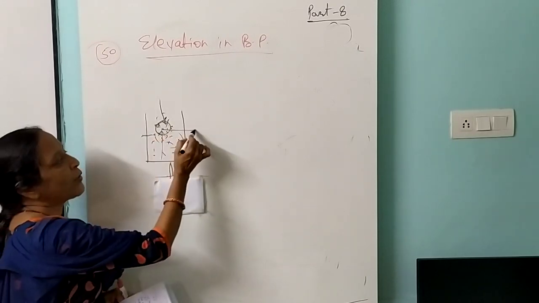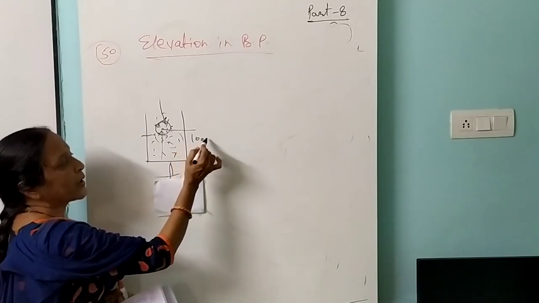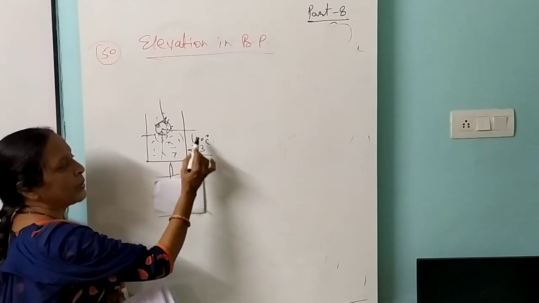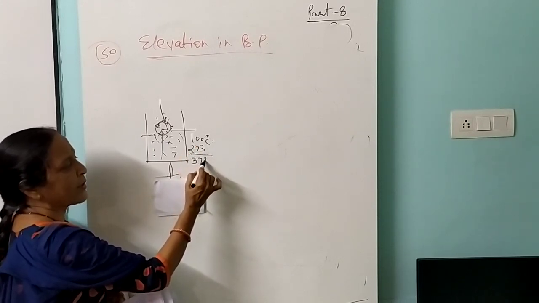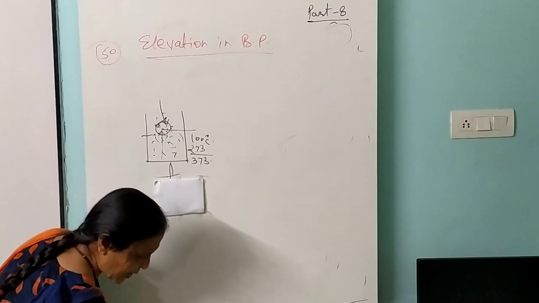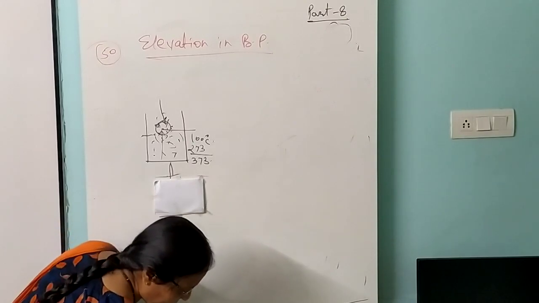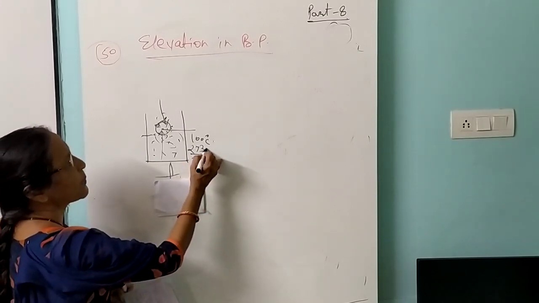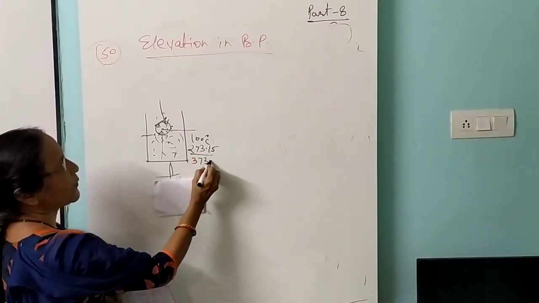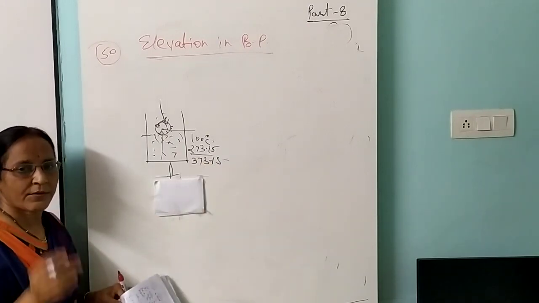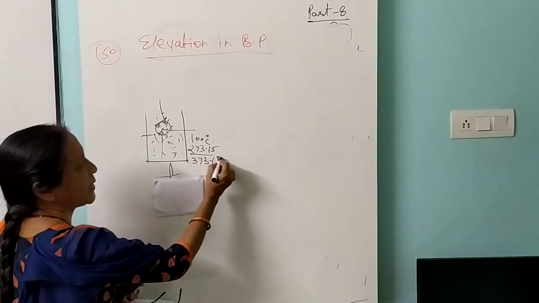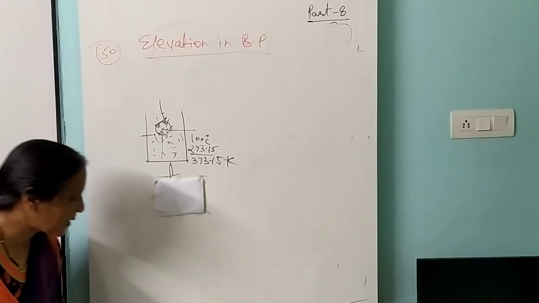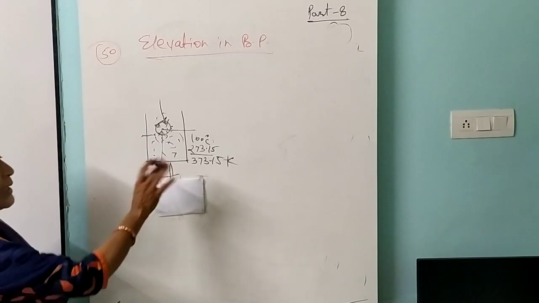Generally we write that the boiling point of water is 100 degrees Celsius. If we convert into Kelvin, it will come 373. In our book it is given 373.15, because 273.15 plus 100 gives 373.15, and the unit is Kelvin. So this is the meaning of the word boiling point.